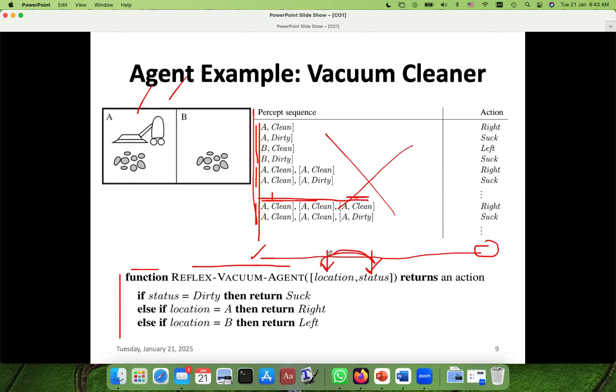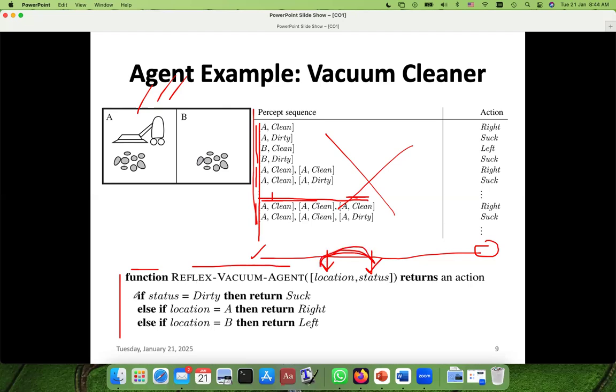This is the percept your agent will take through sensors. The vacuum cleaner will have sensors, your hardware will have sensors. Through sensors, it will take these two entries, two parameters: the location and the status.